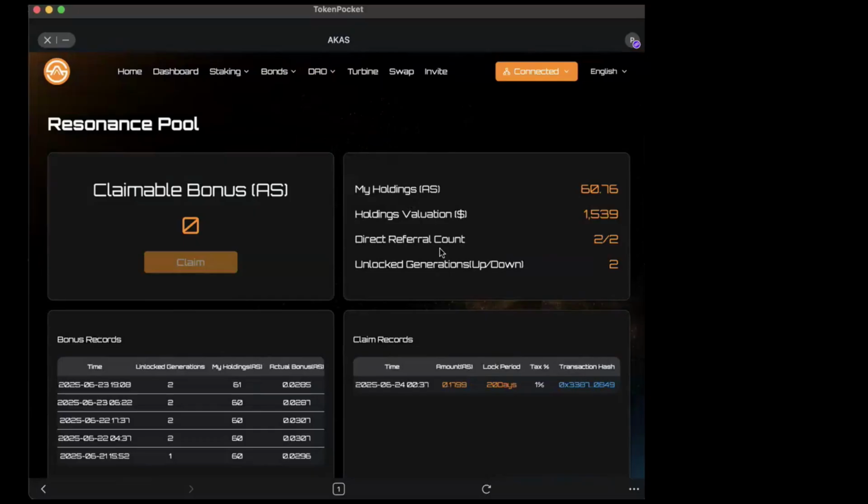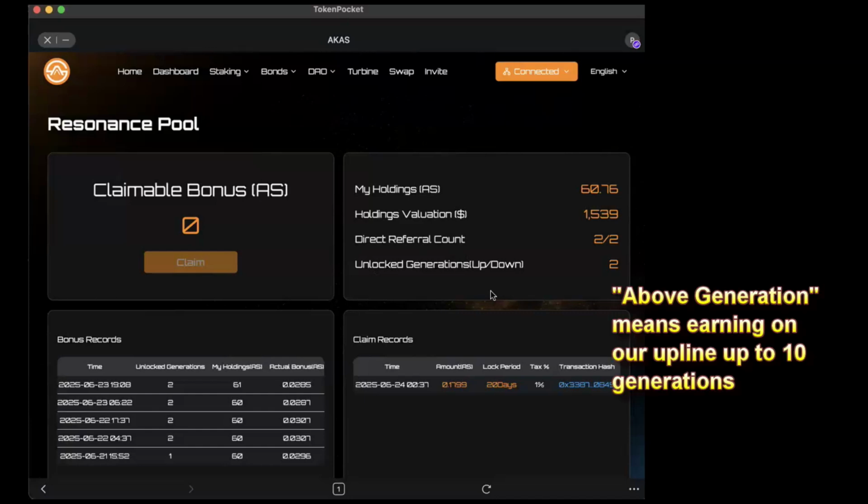For this resonance pool, we can get above generation and generation at the bottom. For above generation, there's a burning mechanism. We can get above generation for 10 generations.